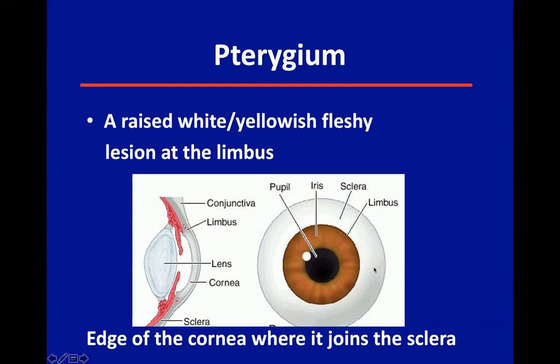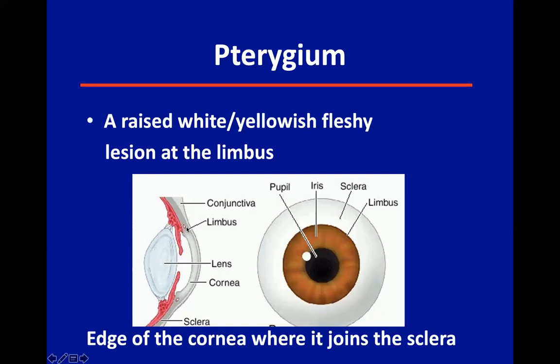It's actually your limbus. So the limbus, as you can read down here, is the edge of the cornea where it joins the sclera, or the edge of the sclera where it joins the cornea. It's just a demarcation to differentiate the clear part, cornea, from the white part, and it just shows it very nicely here, the limbus.